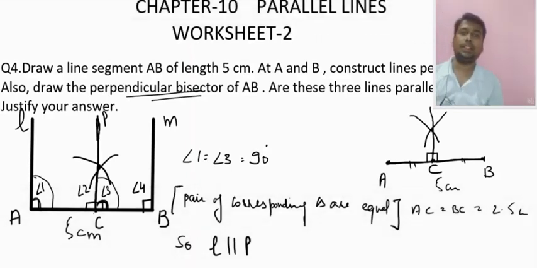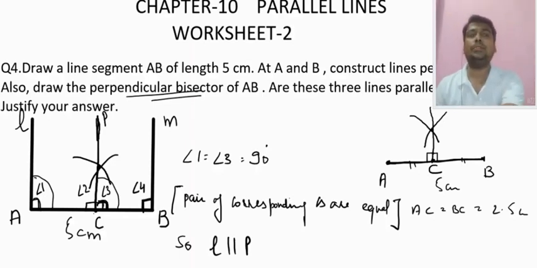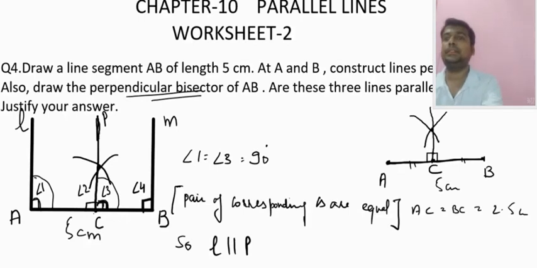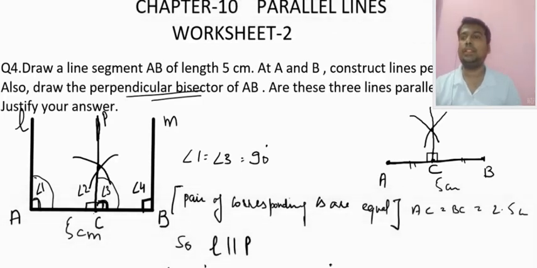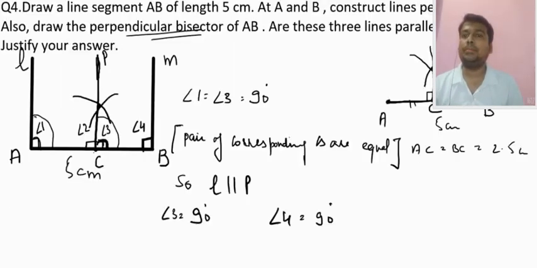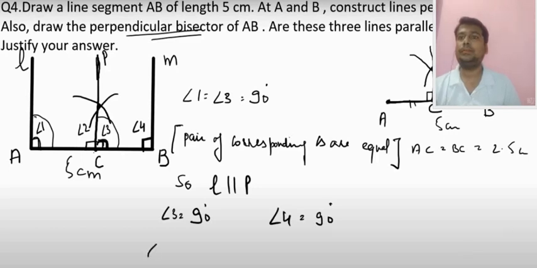Also, what can we see? We can see that angle 3 and angle 4 both are 90 degrees, and when we add them together it is 90 plus 90, 180 degrees.